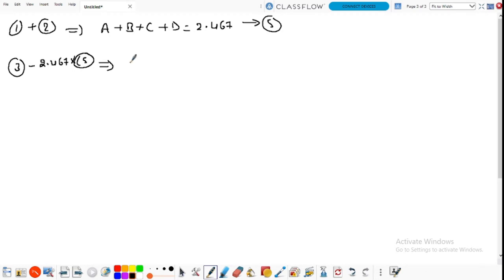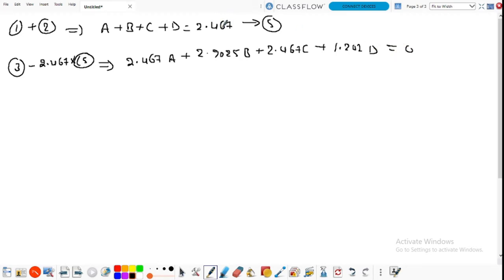Equation number 3 is 2.467a plus 2.9025b plus 2.467c plus 1.202d is equal to 0.